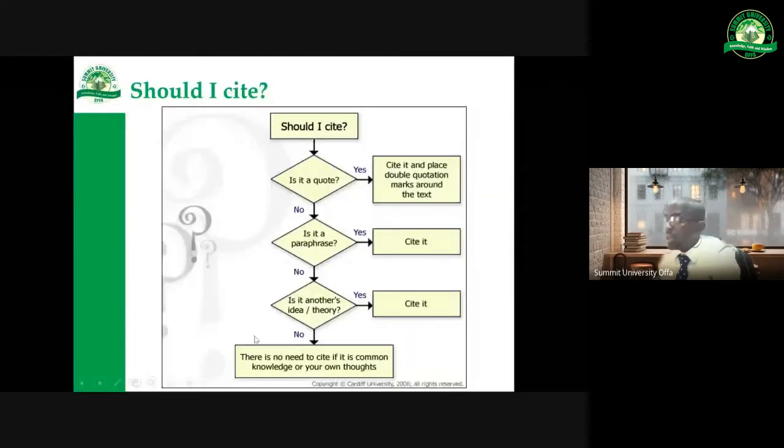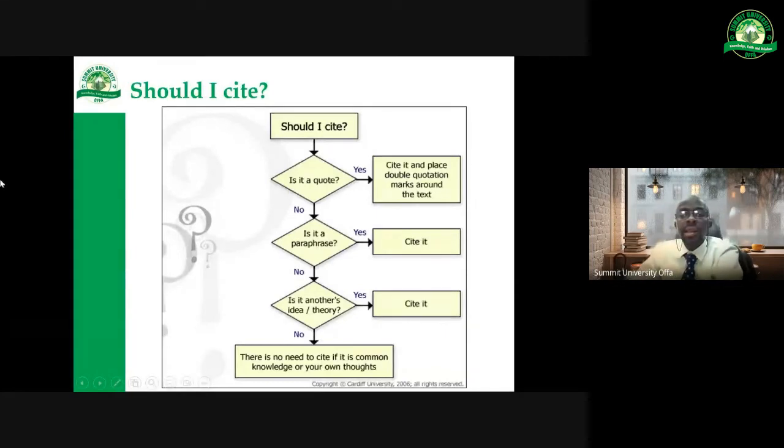It's not about the number of sentences. It's not at the end of every sentence. It has to do with the information you are providing. If that sentence is a quote, then you must provide your in-text citation immediately.